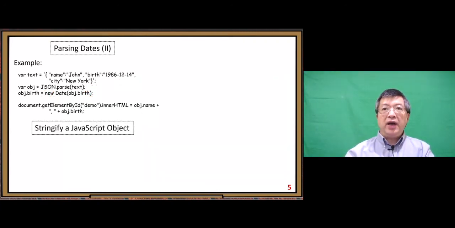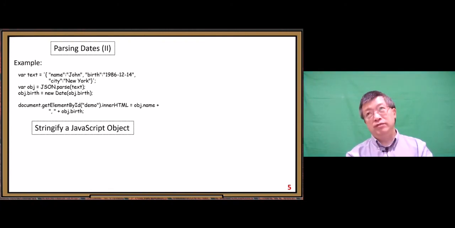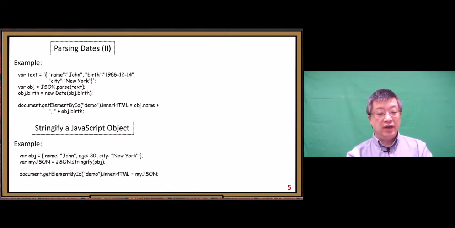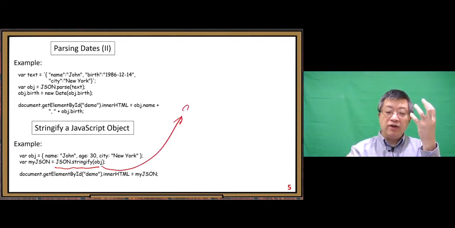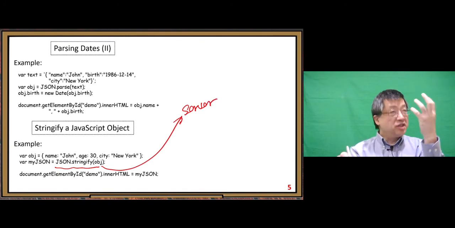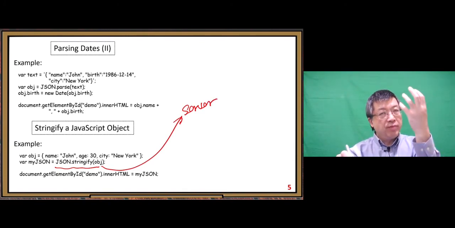Next, stringify a JavaScript object. Before you send the data, you need to send a string representation of a JavaScript object. We saw this before; this is not new for us. Usually when we do the stringify, most of the time we send the string to the server-side data processing program.